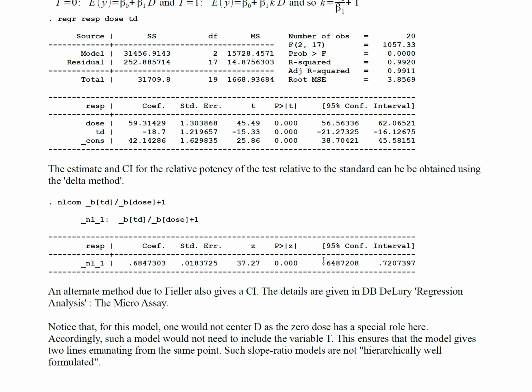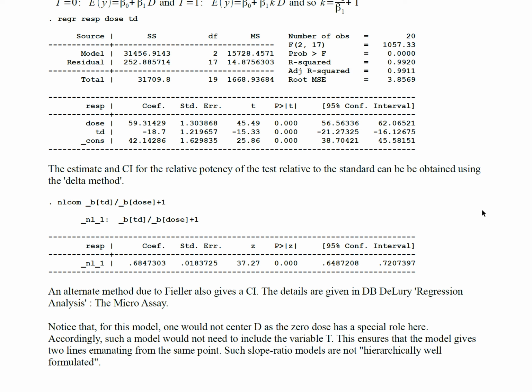The confidence limits are certainly nowhere near 1. Even the upper limit of the confidence interval here is not near 1. So we have, again, a test of significance of the relative potency that's available.